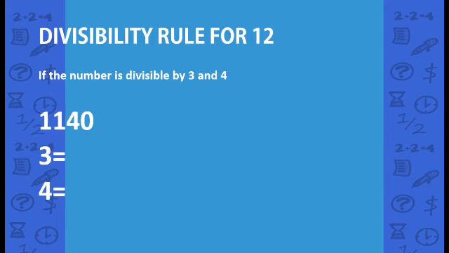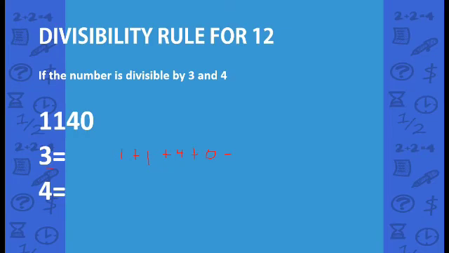So, next example is 1,140. Again, para malaman natin na ito ay divisible by 12, dapat ito ay divisible by 3 and divisible by 4. So, unahin natin. Let's check if 1,140 is divisible by 3. So, dito, ang gagawin muna natin sa by 3, i-add natin ang mga digits. So, 1 plus 1 plus 4 plus 0.